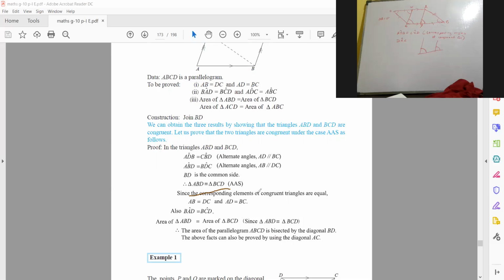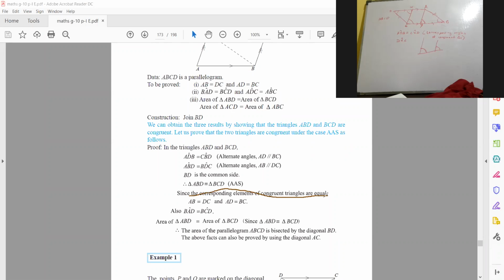Since the corresponding elements of congruent triangles are equal, right? Did you understand that, or should I explain it more?